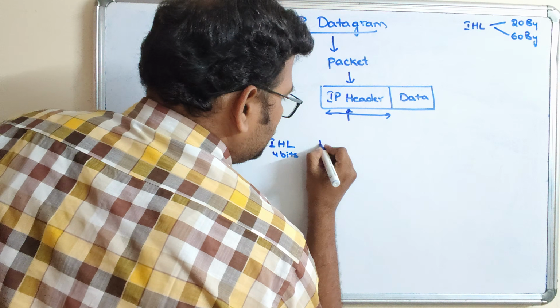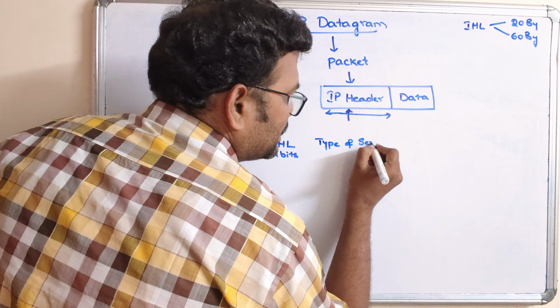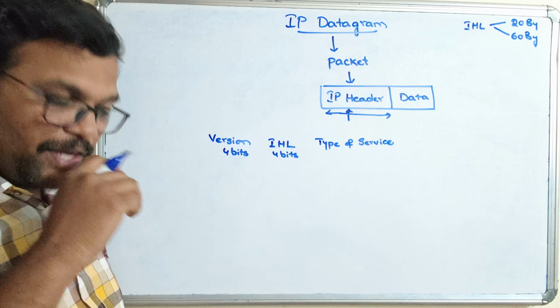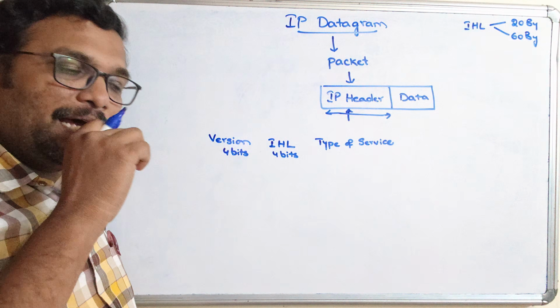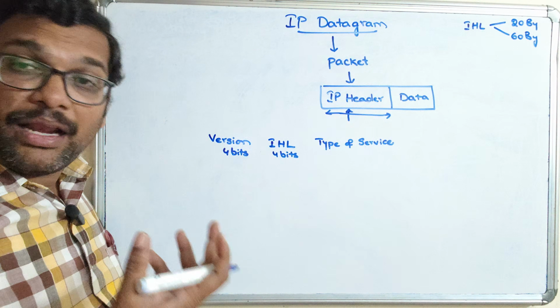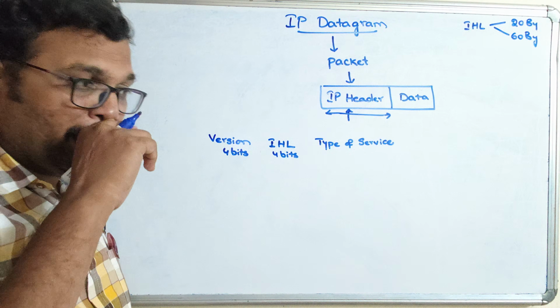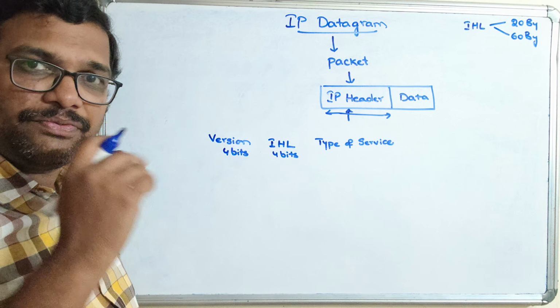And the next field is type of service. In our previous sessions we have studied about the quality of service, in order to provide reliability of packets, without any error, loss, delay or jitter. So we have seen 4 parameters in the quality of service.